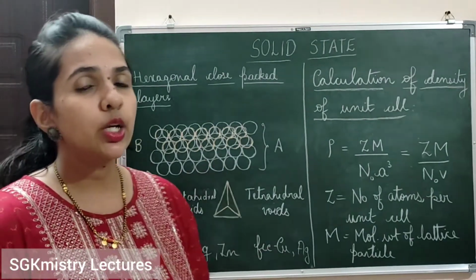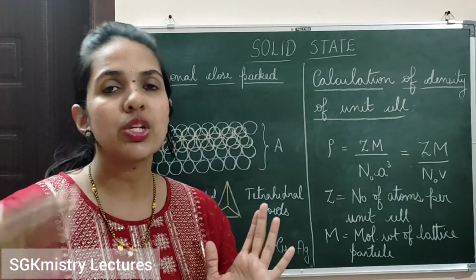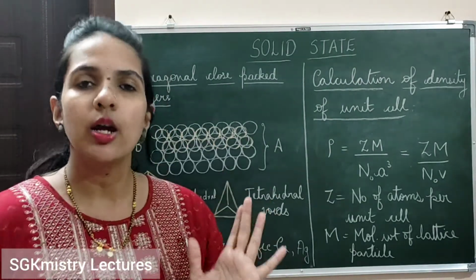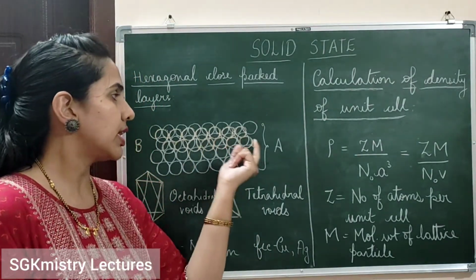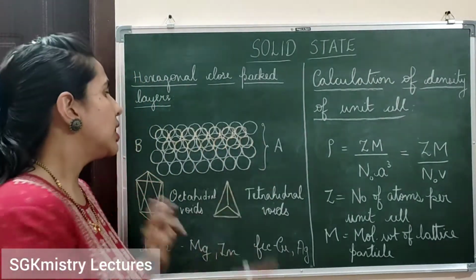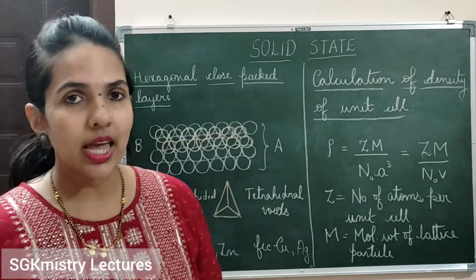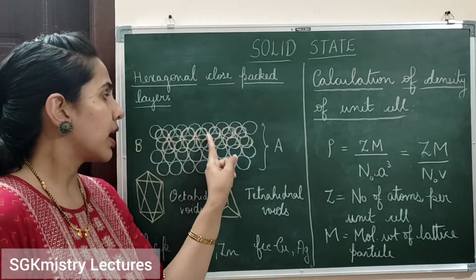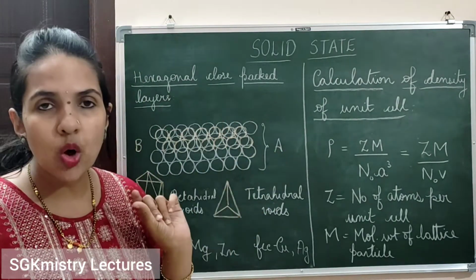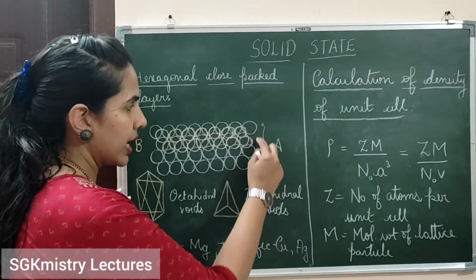Now, as I have already told, in three-dimensional arrangement, there are extra layers which are placed over the two-dimensional structures. So now, whatever I have written in the other color, that is in brown, you can have this arrangement, that is the next layer can be placed in such a way that the particles are placed in between the gaps of the first two layers.